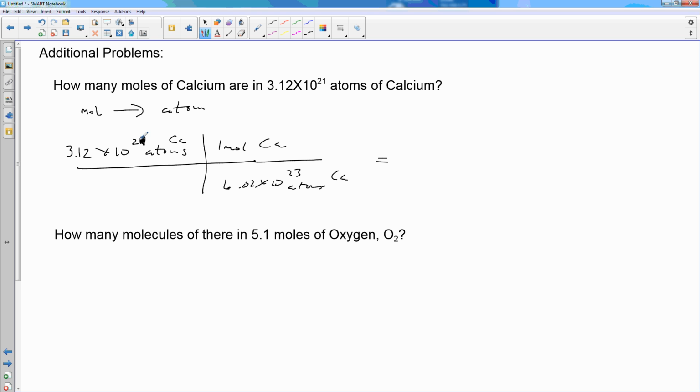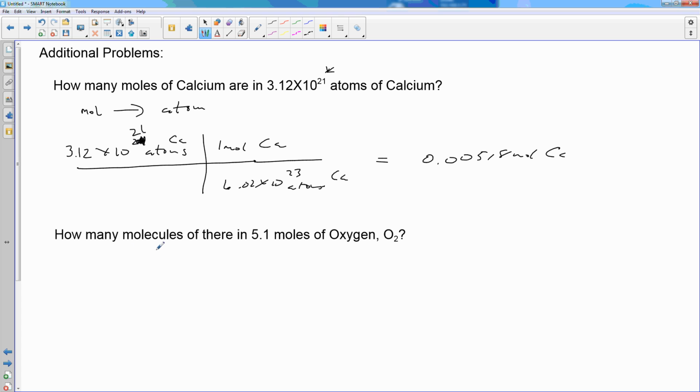Whoops. Let me erase it. 21. Now, this number is smaller than this number. I wrote it down 24. Notice it's a 21 there. So this number is smaller, so our answer should be less than 1. And if you calculate that out, our answer should be 0.00518 moles of calcium. And our answer is less than 1, so that makes sense.